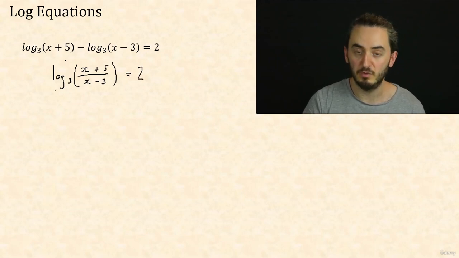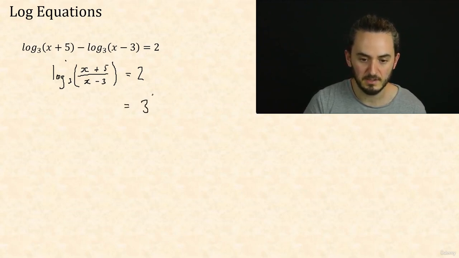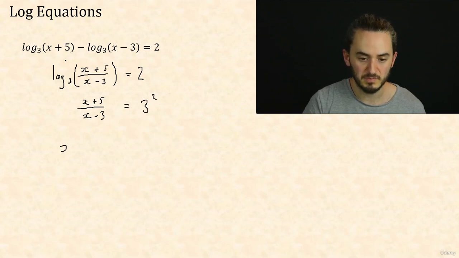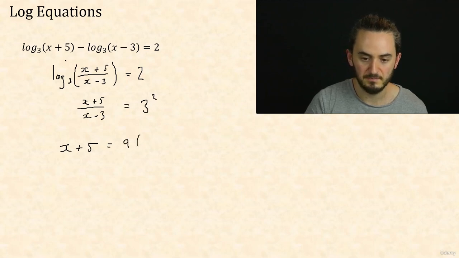And now you've got it in the form of log of some stuff equals a number, well, you can just do your rearrangement. Your base of 3 becomes the base of the power here, and you're left just with x plus 5 over x minus 3 here. Well, now it's straightforward because we just multiply both sides by x minus 3, and this was 9 here, so we've got 9 times x minus 3.